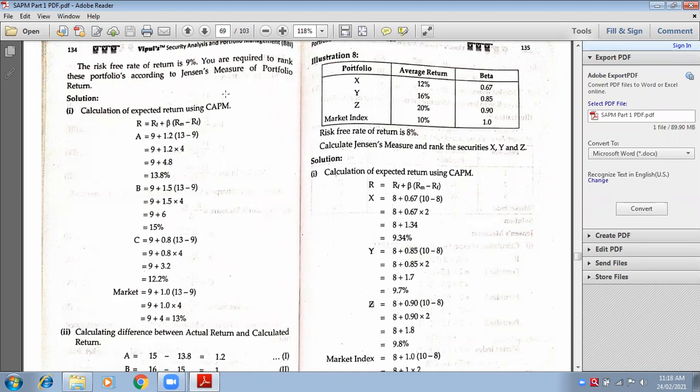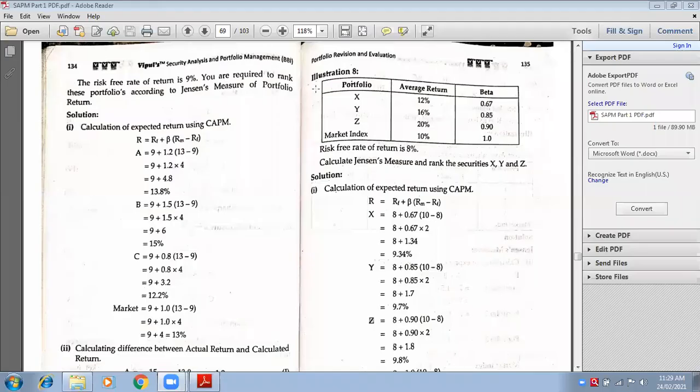This model is used by Michael Jensen; he supports this model. So the CAPM method is used in the Jensen measure.